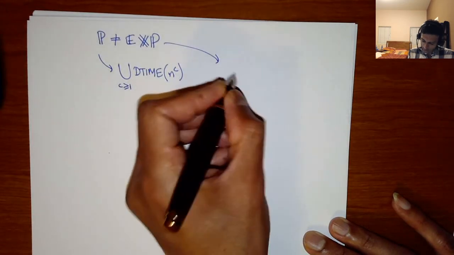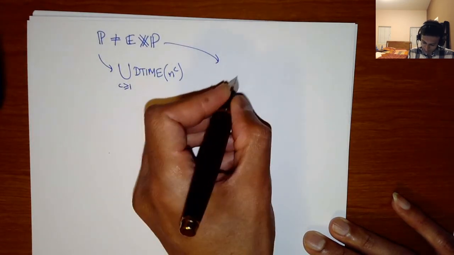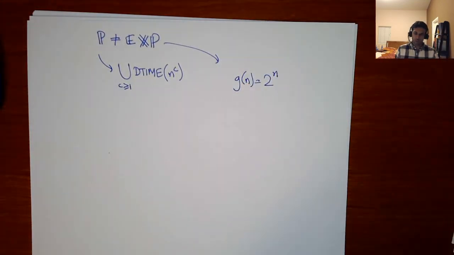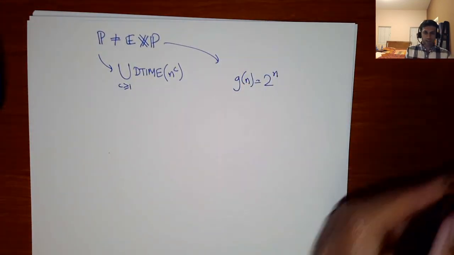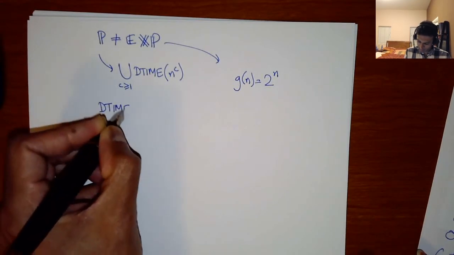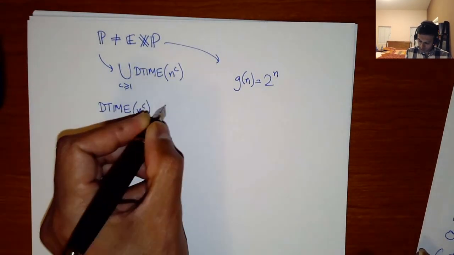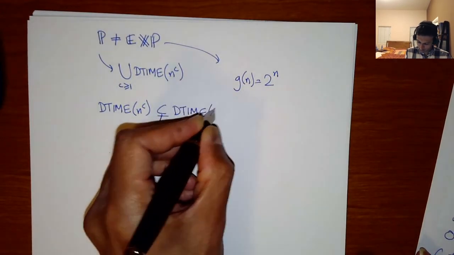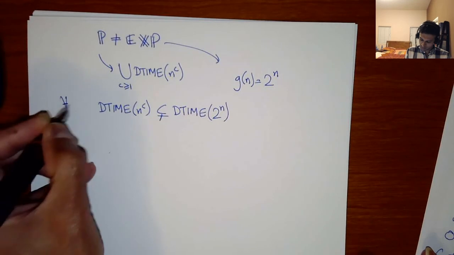Like you could say, okay, suppose g of n was 2 to the n, which I could do. And then I can apply this argument. I know that DTIME(n^c) is not in DTIME(2^n) for all c.